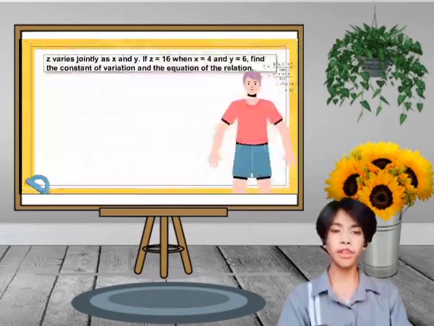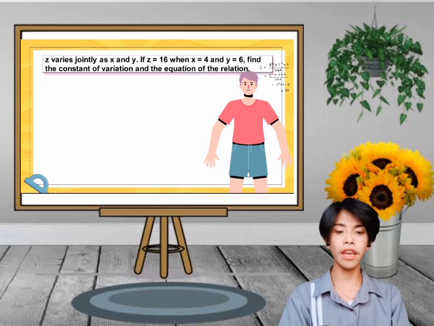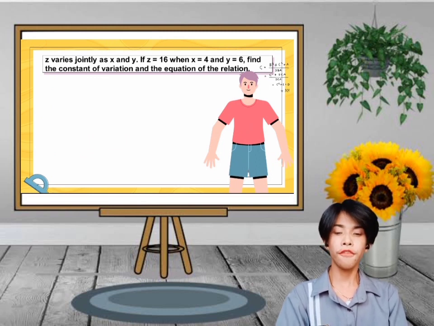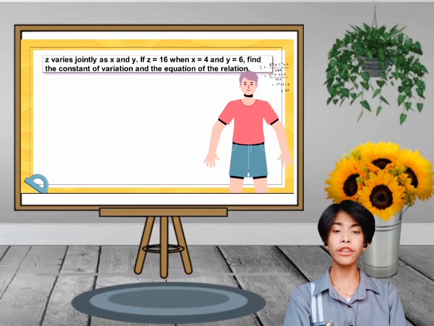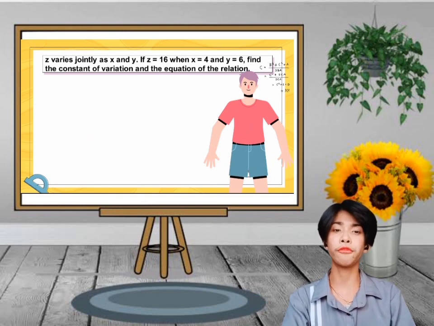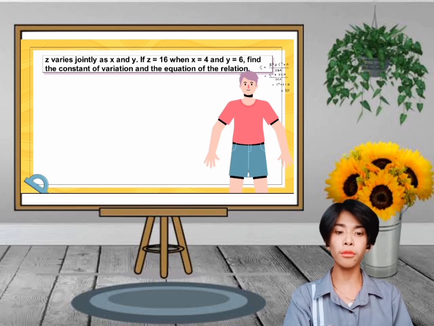Another, Z varies jointly as X and Y. If Z equals 16 when X equals 4 and Y equals 6, find the constant of variation and the equation of the relation. So, kagaya ng naunang example, kailangan muna nating kunin yung constant of variation tsaka natin makukuha yung equation of variation.